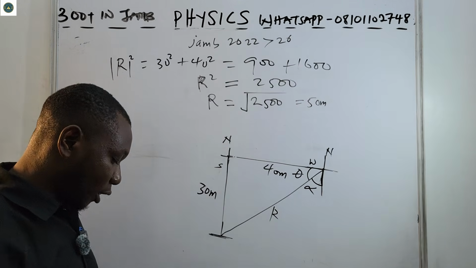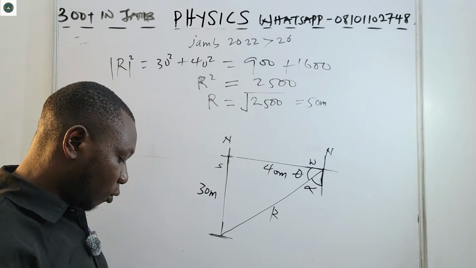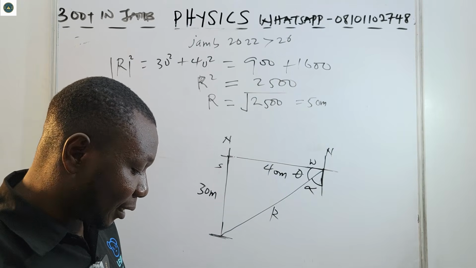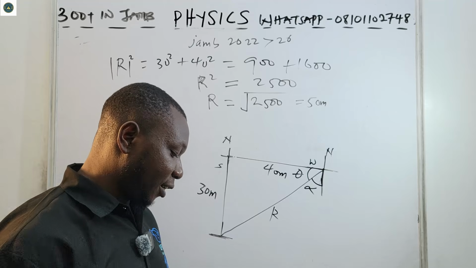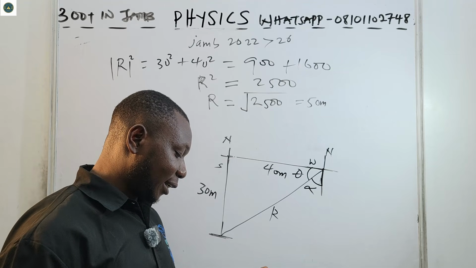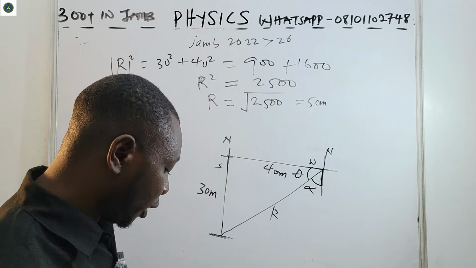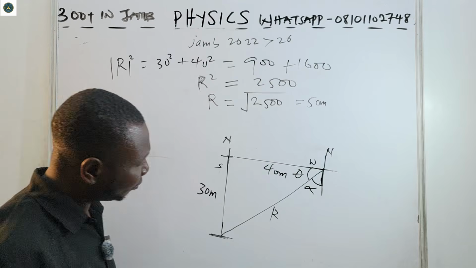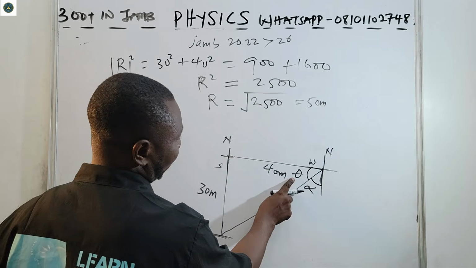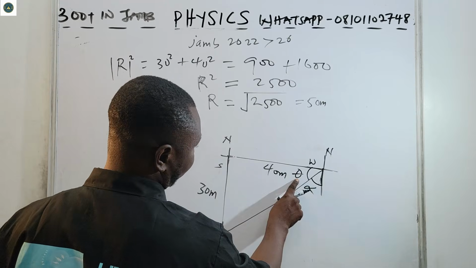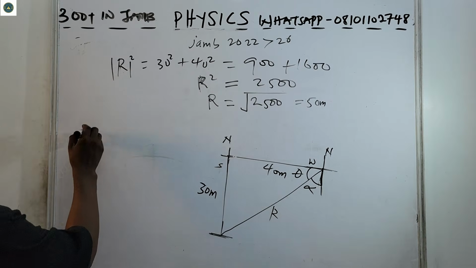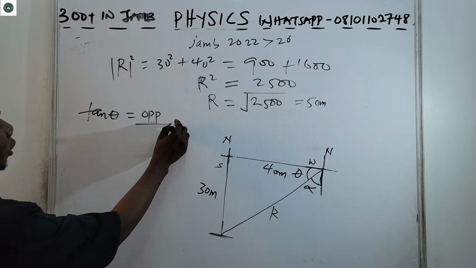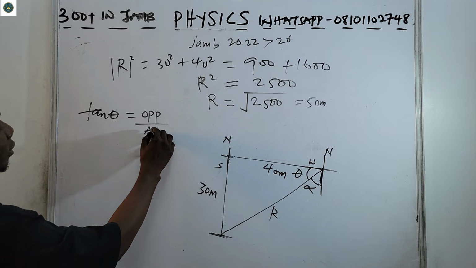But if you check the question, we have 50 meters, 53 degrees southwest. We also have 50 meters, 37 degrees. So that means we need to get what? The direction. Now, how do you get direction? If we are considering theta, definitely we can use tan. Tan theta is opposite over adjacent.